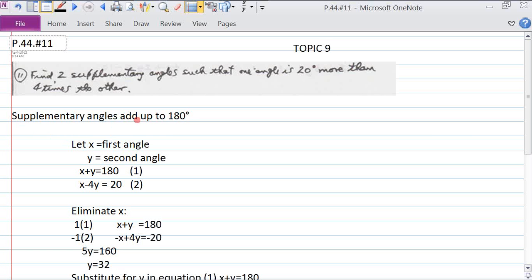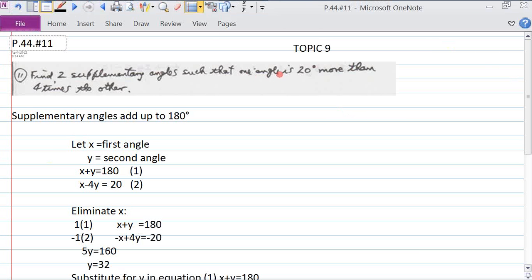So if x equals the first angle and y equals the second angle, the sum of the two angles must equal 180. So right away I get the equation x plus y equals 180.